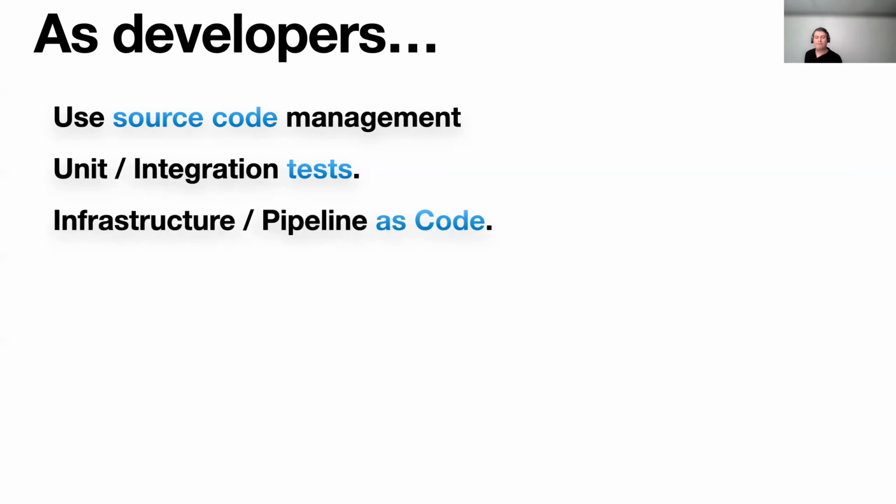Also very important, your infrastructure and your pipeline should be code. You should be able to maintain your infrastructure and pipeline as code, and your pipeline is very, very important. Without pipelines, it doesn't matter that your tests are always green and you develop very fast. Without pipelines, you are nothing. And your pipelines are very important, not only for delivering, but also for rollback.